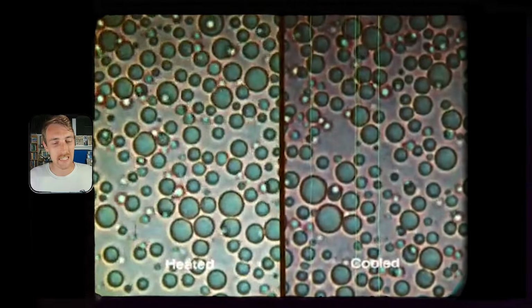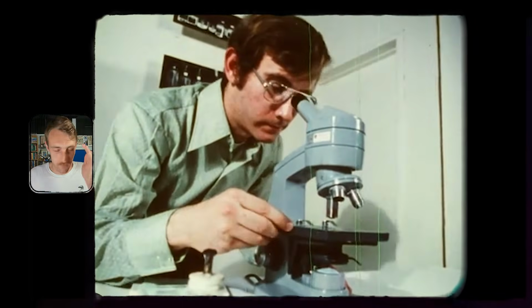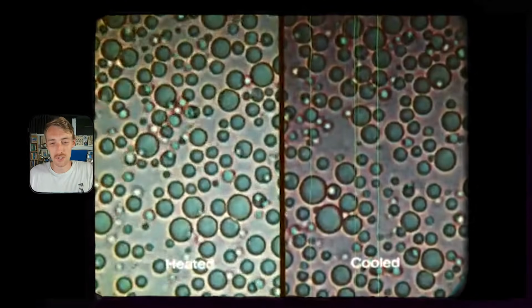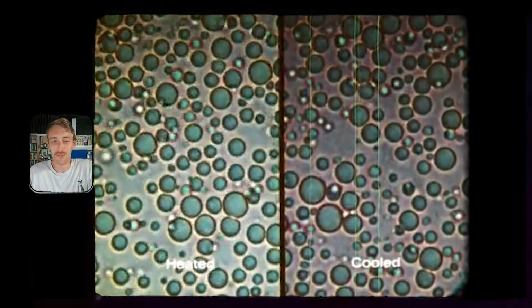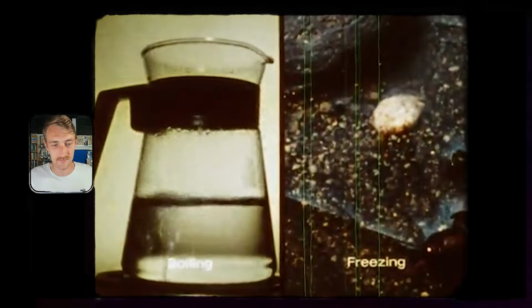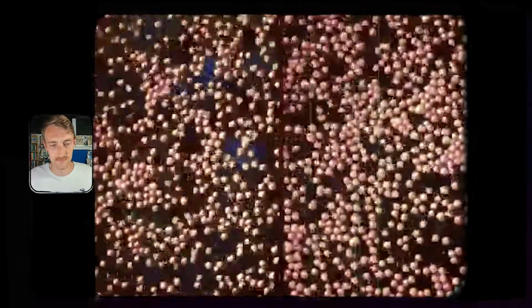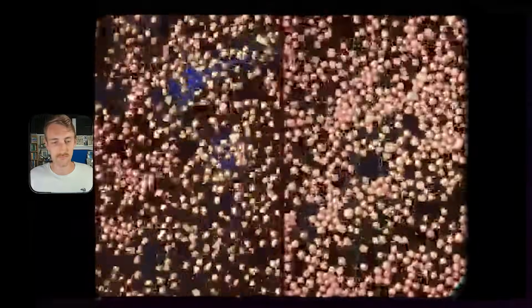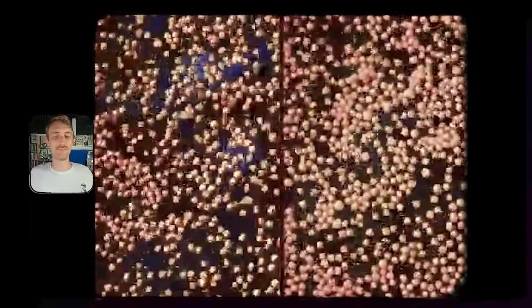Yeah, I feel like if I saw this in school, I would understand it immediately. I already understand it, but even if I didn't, I feel like this is doing a really good job of illustrating what they're trying to communicate to us. Molecules move faster as temperature rises. Because they have kinetic energy, molecules are in continuous random movement.